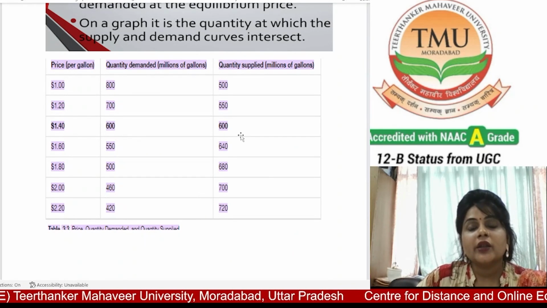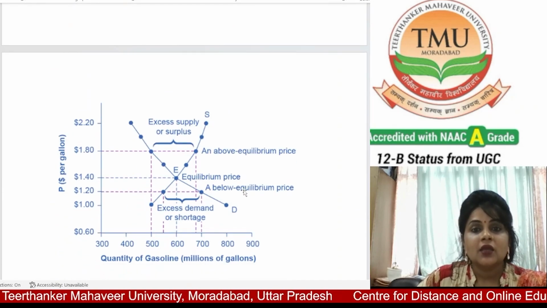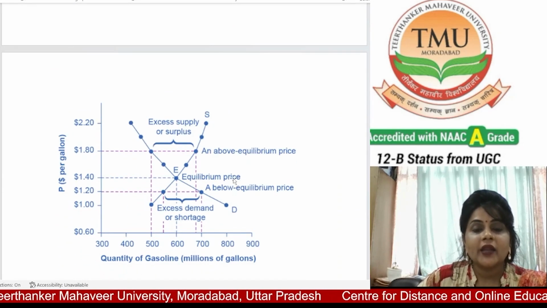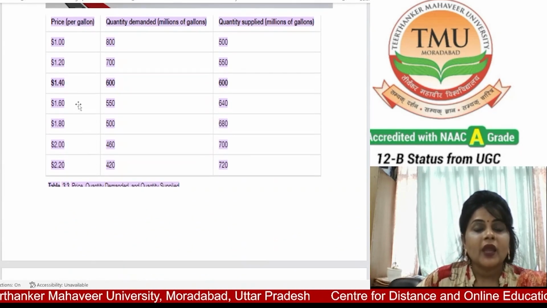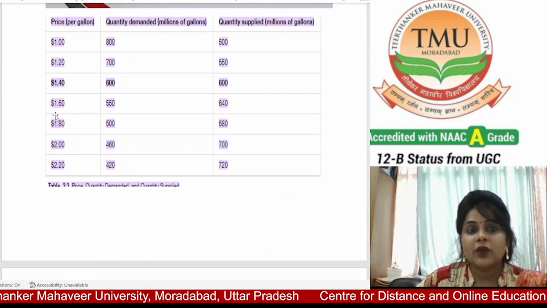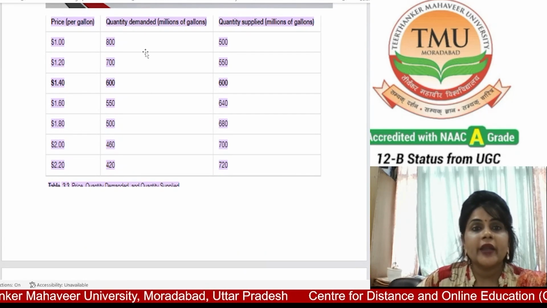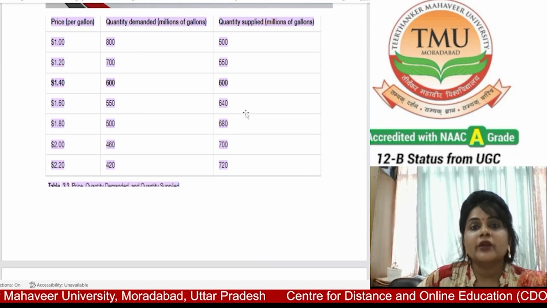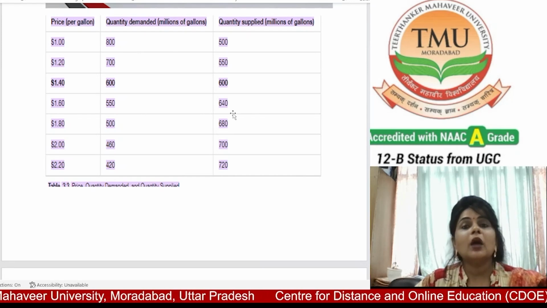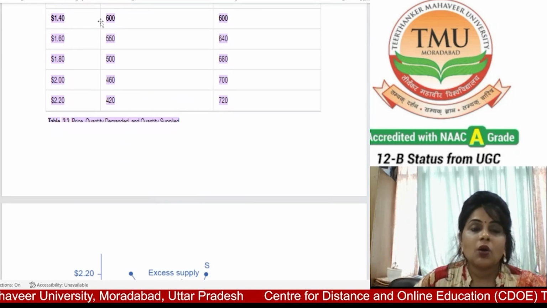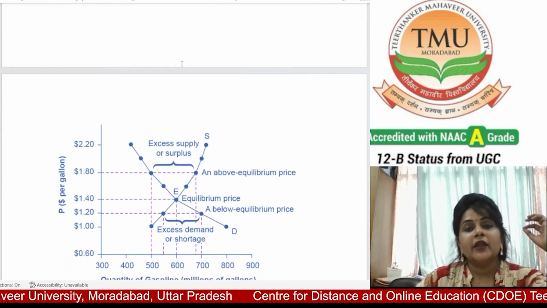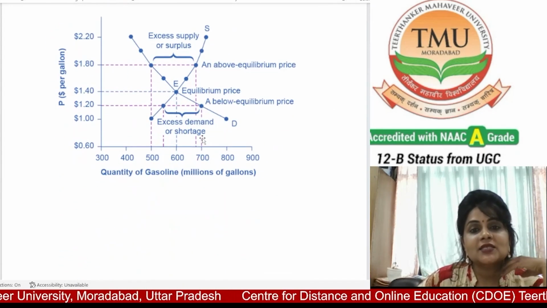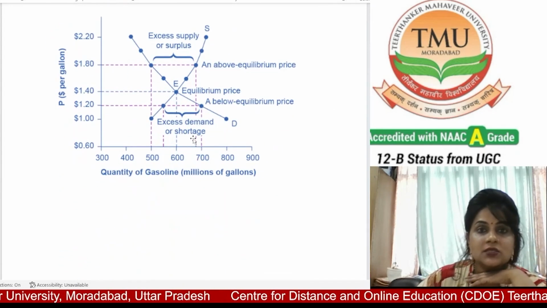And when the price is $1.40, at this point the quantity demanded is equal to quantity supplied, 600. It's the equilibrium price and equilibrium quantity. And when the price increases to $1.60, at this point the quantity demanded decreases and quantity supplied increases due to the profit. When the price increases more, it's a condition of excess demand and shortage.